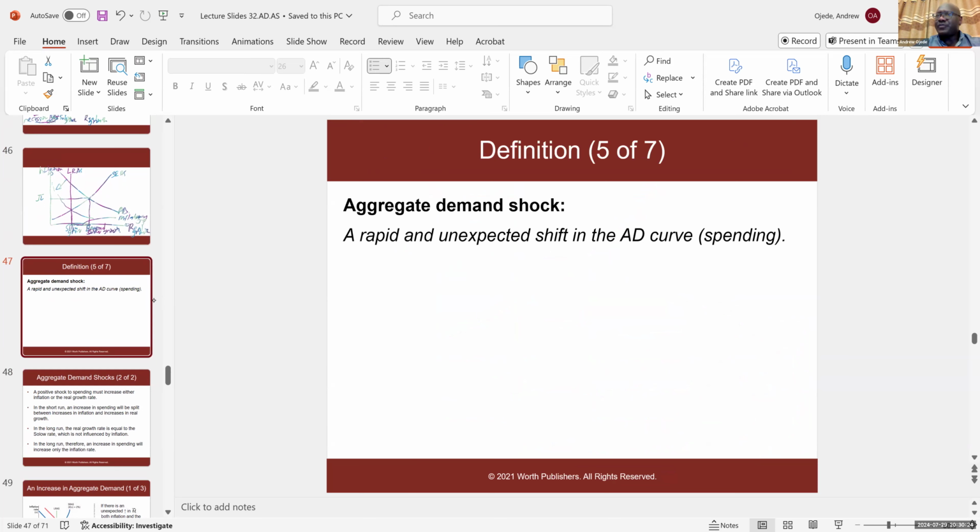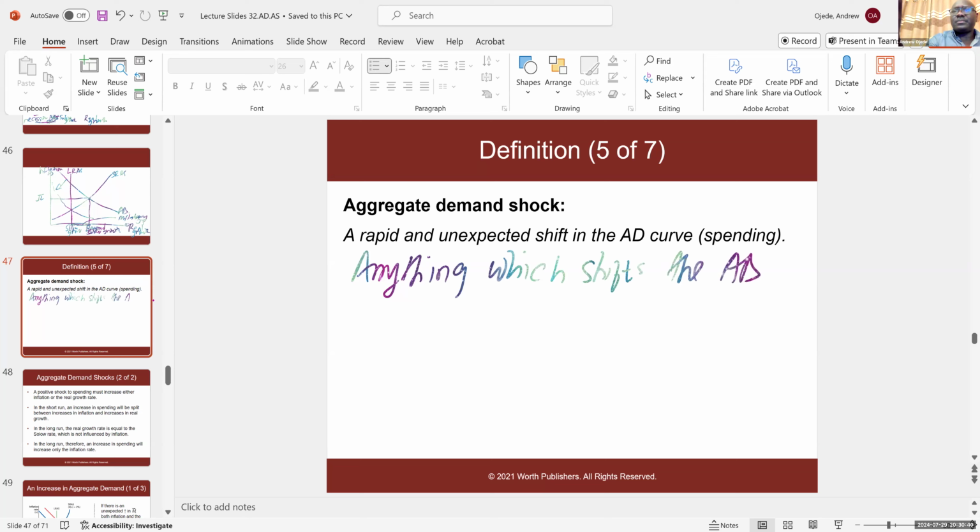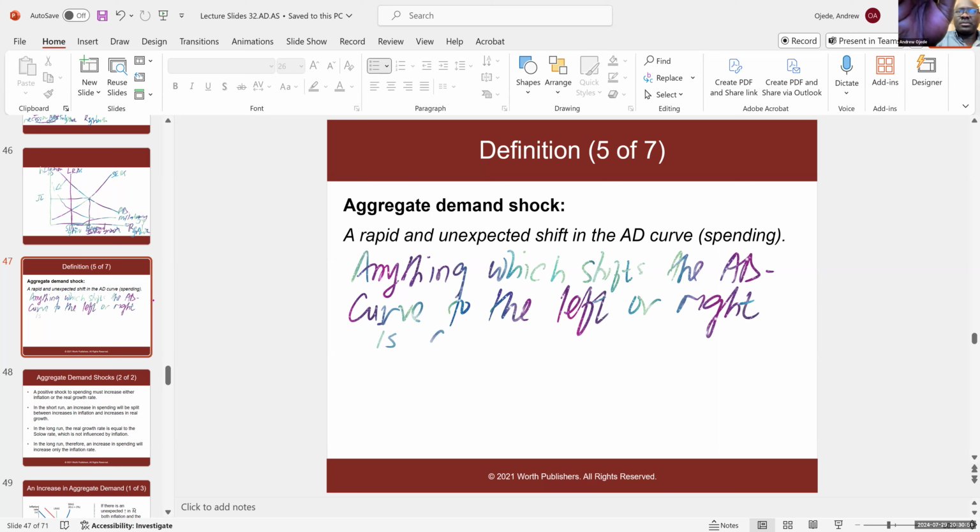So anything that shifts the aggregate demand curve to the left or right is called an aggregate demand shock.